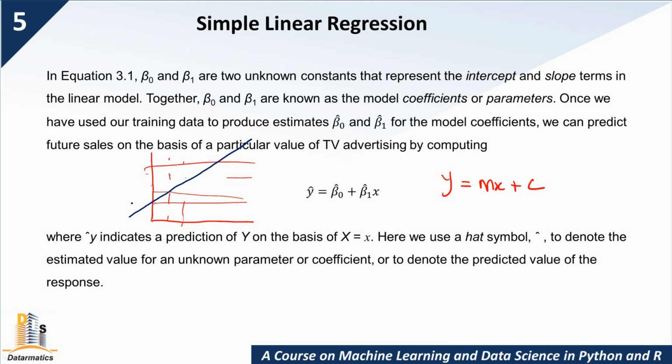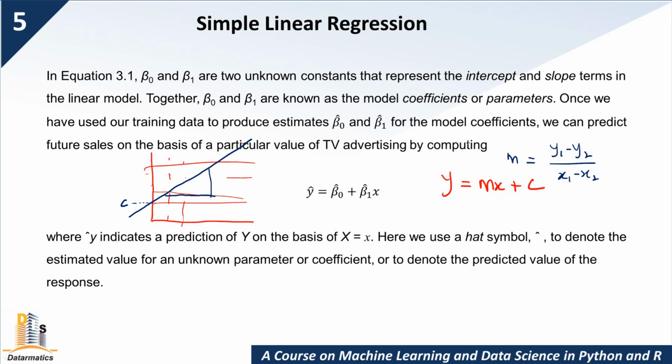So we are going to measure the intercept here, which is c, and we are also going to take the slope of this line. The slope of this line is, of course, y1 minus y2 over x1 minus x2, if I'm not mistaken. So this is the m.